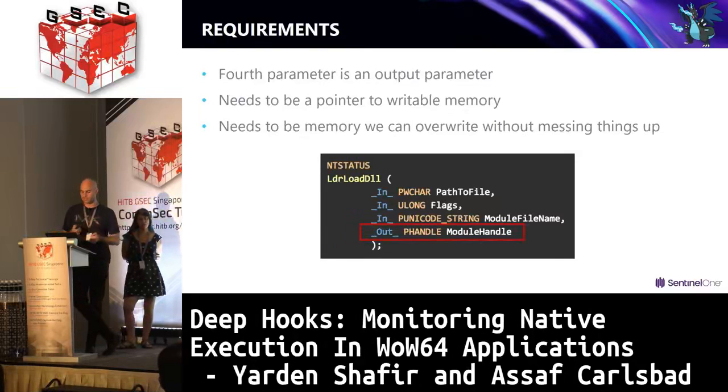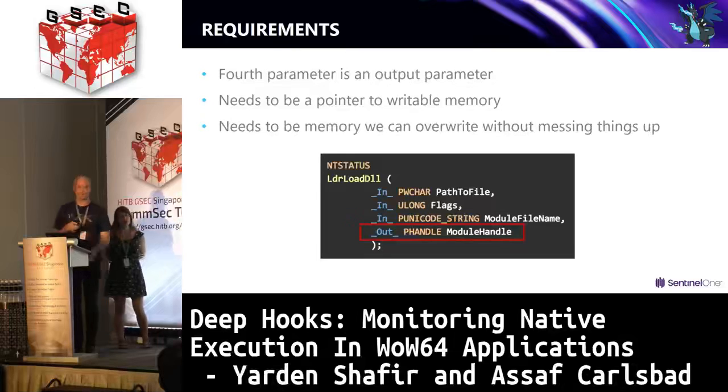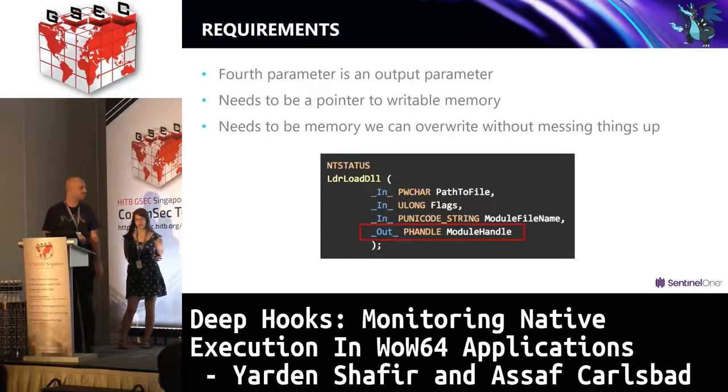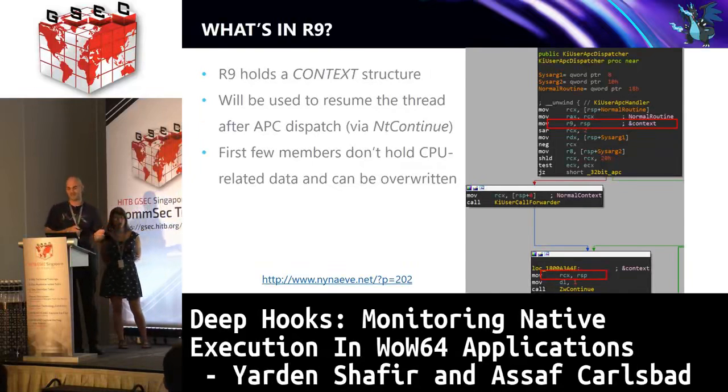More specifically, it means that R9 has to be a pointer to a writable memory block. And moreover, this memory block has to be some sort of a scratch space, because we cannot overwrite important information in the process without risking a crash. So now, the million-dollar question is what value will be held by R9 by the time LdrLoadDll gets called.